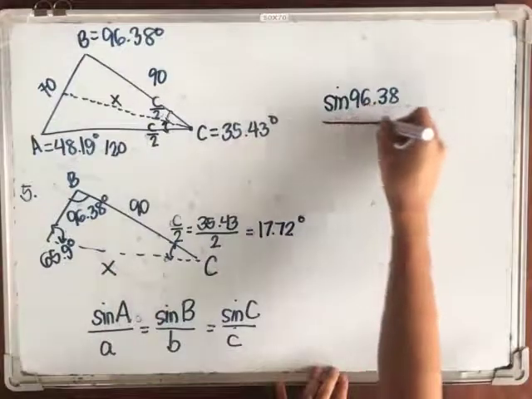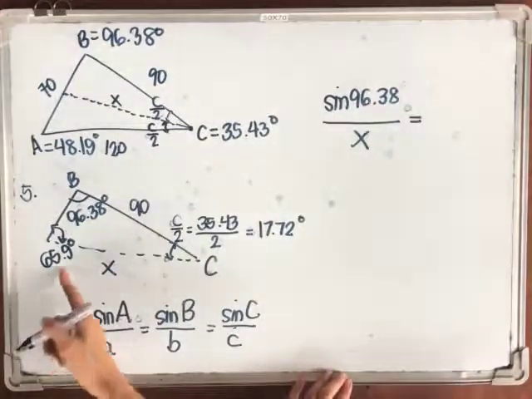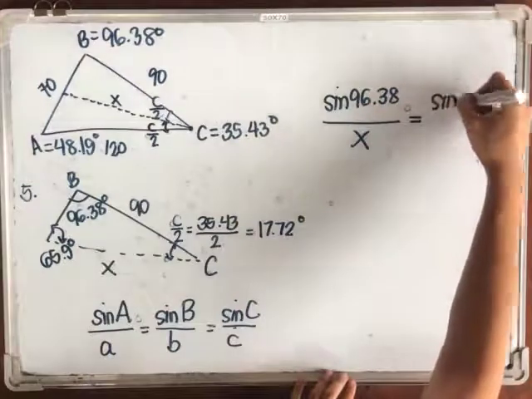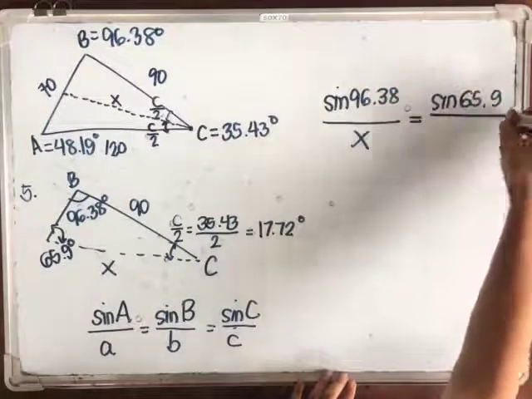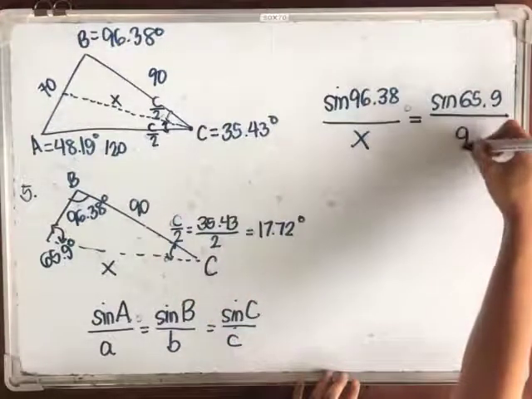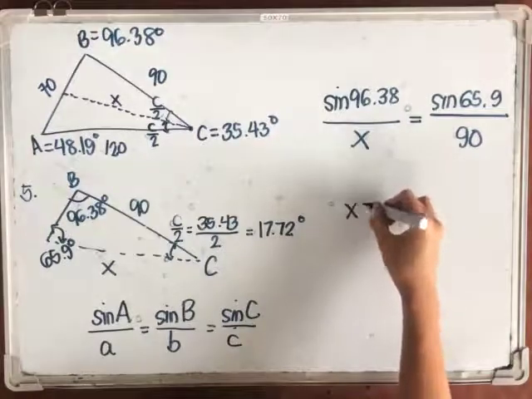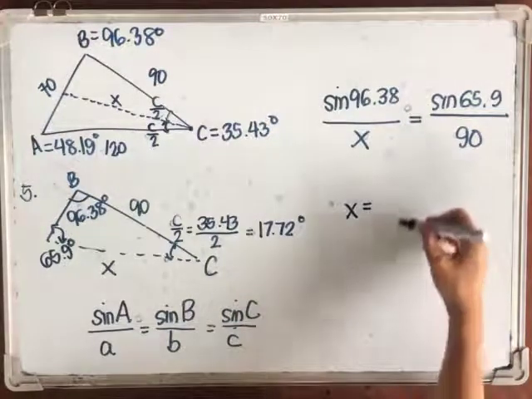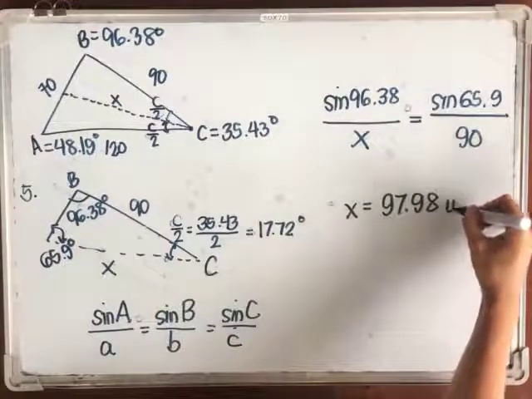By knowing that, we can now perform our sine law such that, again, the sine of 96.38 over yung side na kaharap niya, which is x in this case, should be equal to the sine of this angle, 65.9, divided by yung side na kaharap niya, which is 90. Okay? Performing that one would give us the value of x is equal to 97.98 units.